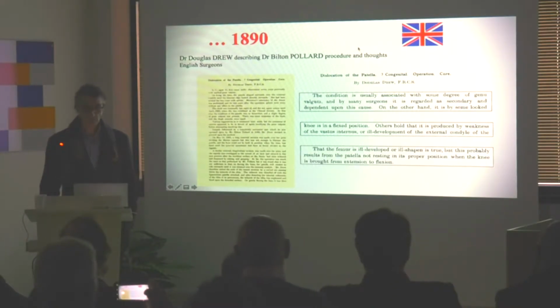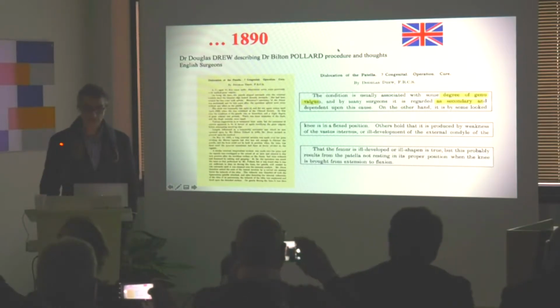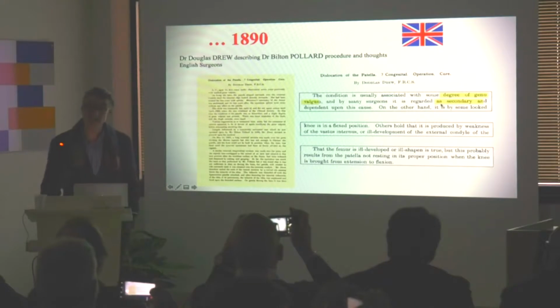And then 1890, this British guy, Bilton Pollard, did the first deepening trochleoplasty. Unbelievable that an Englishman did that. But he did. And Douglas Drew described this Bilton Pollard procedure, and he was speaking about genu valgum as a secondary factor of instability.